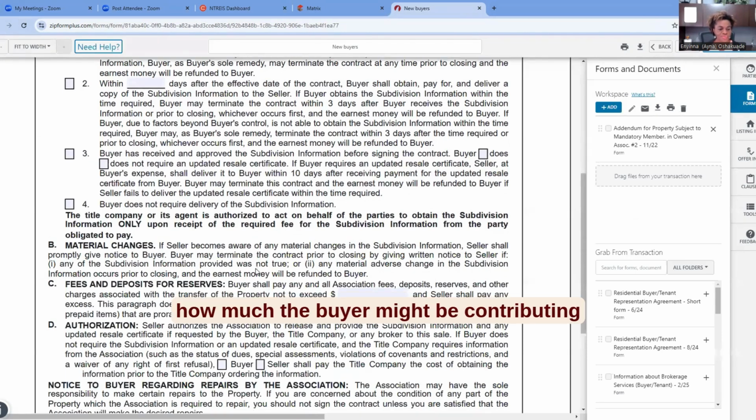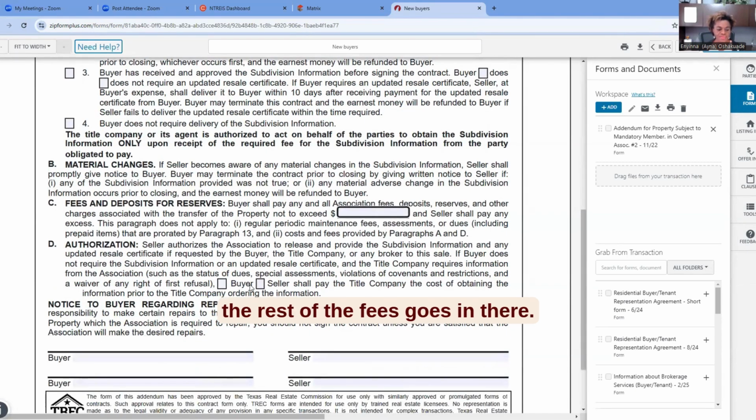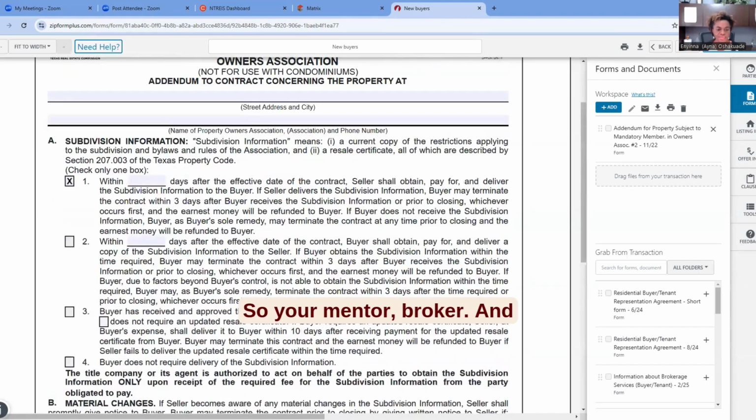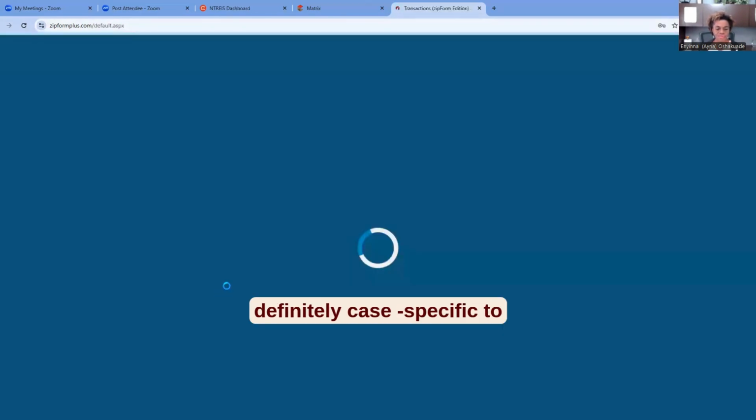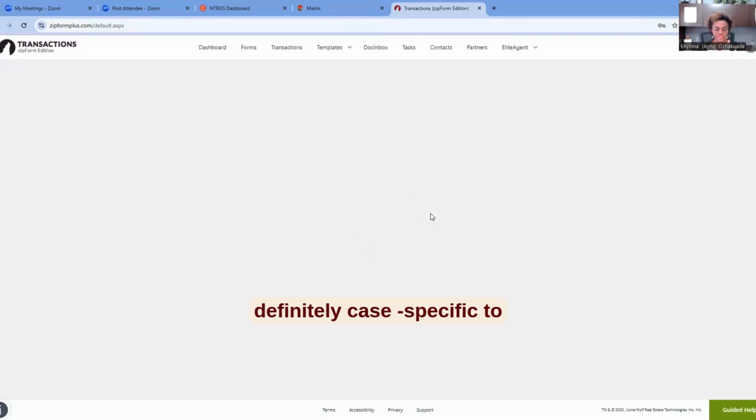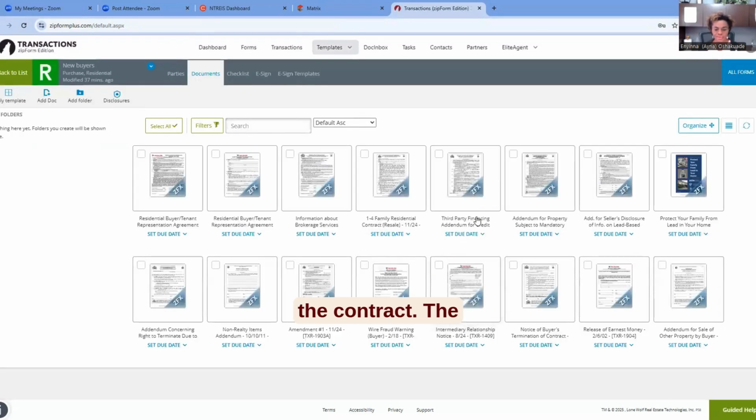And also how much the buyer might be contributing towards those fees goes in here. And who's going to pay the rest of the fees goes in there. So your mentor, broker, can give specifics on that. It is definitely case specific to the contract.